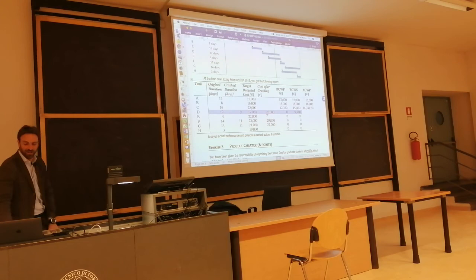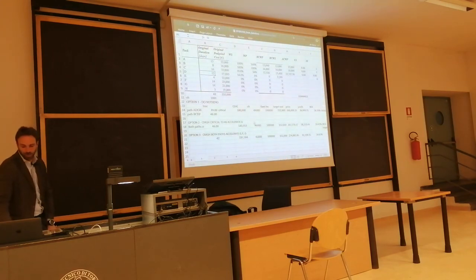If you accelerate D by 20,000, you just recompute everything. There's a new cost estimate at completion, which is 183, and it leads to 38,000 as a profit, which increases the return on cost.